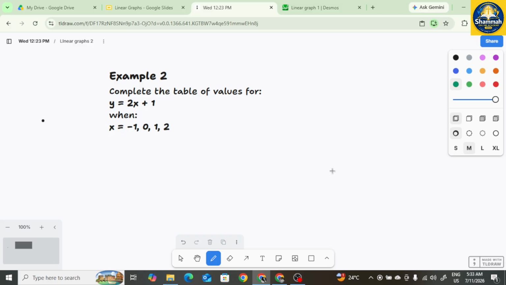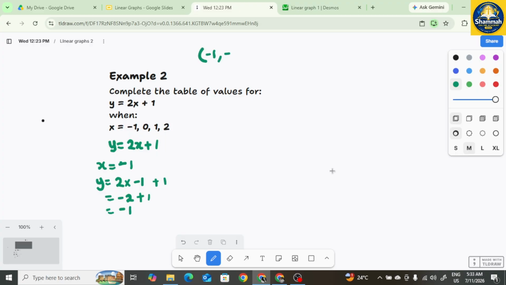So if we have y is equal to 2x plus 1, now when x is equal to minus 1, y will be what? 2 times minus 1 plus 1. 2 times minus 1 is what? Minus 2. Then we have minus 2 plus 1, which gives us what? Minus 1. So our first ordered pair is minus 1, minus 1.